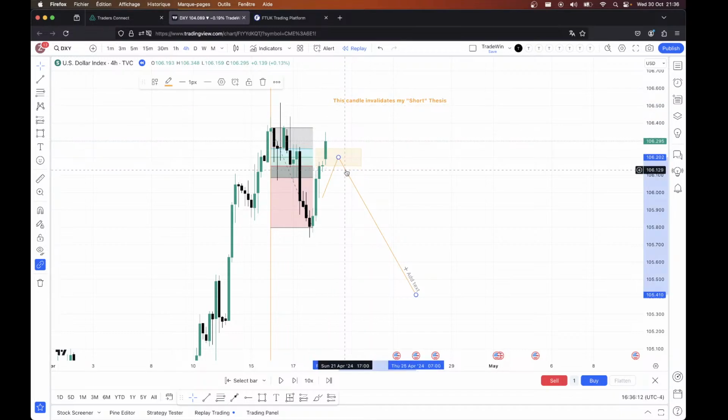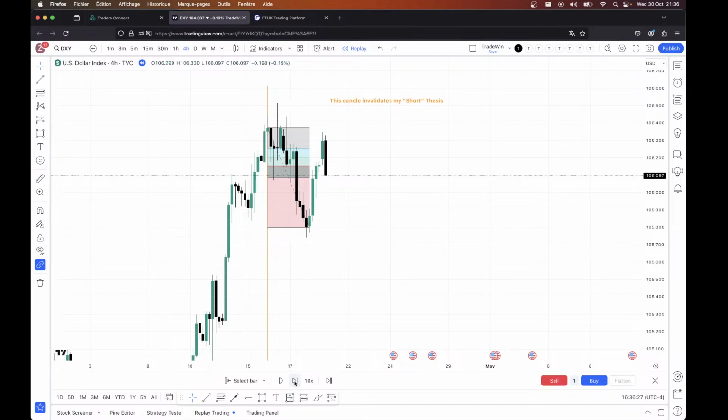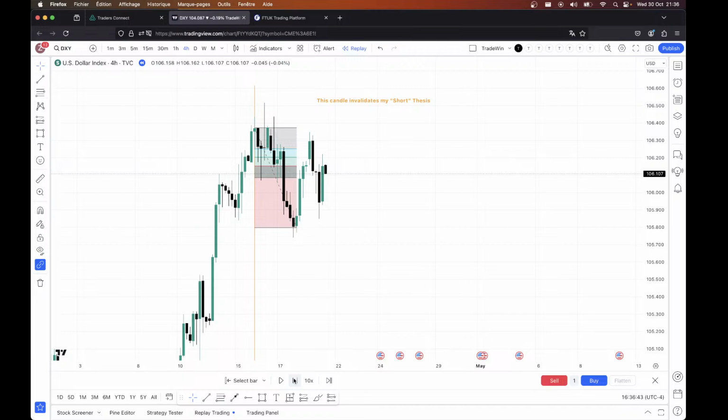So at this point, I don't believe anymore we are going short. I'm just waiting for the price to continue. We close above that, so I don't care about the zone. That's the ideal case. So now I'm waiting for the trend to continue and maybe define again.